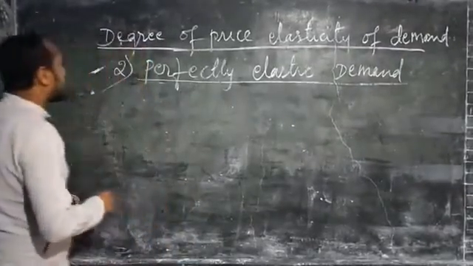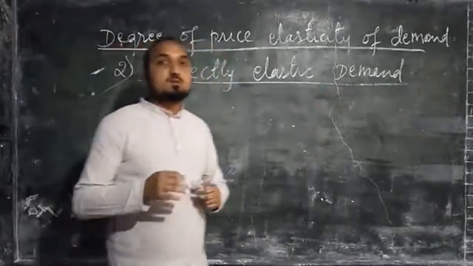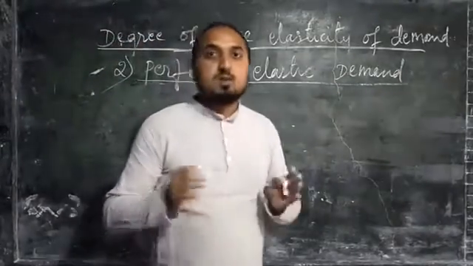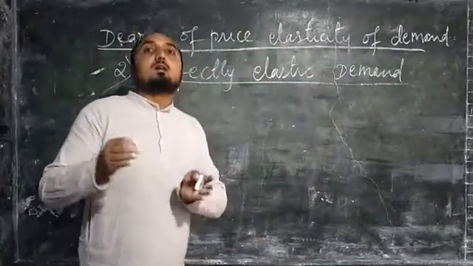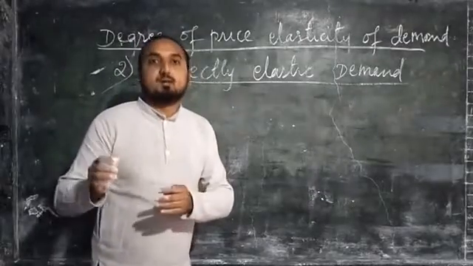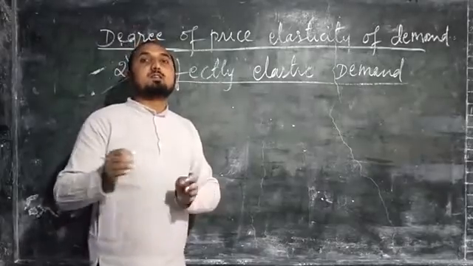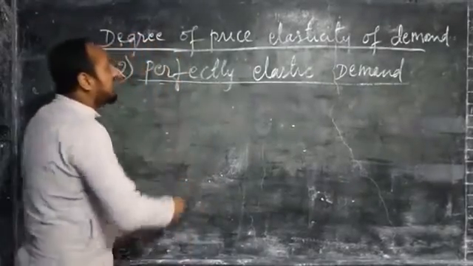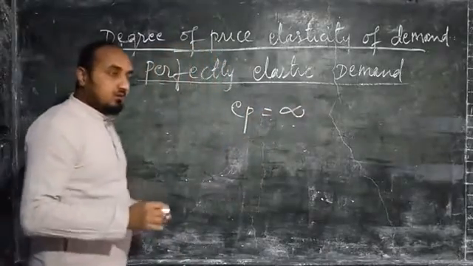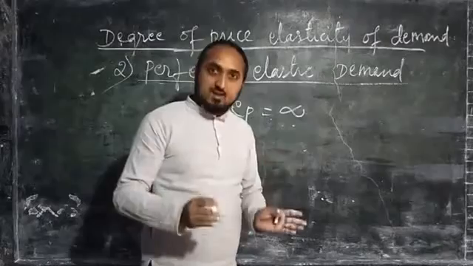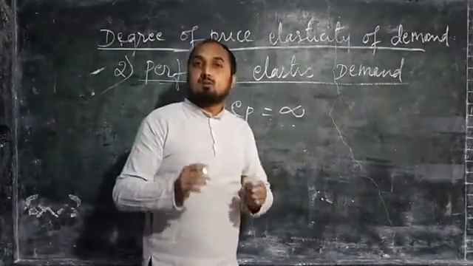Okay, next we have perfectly elastic demand. So you have to understand the meaning. What is perfectly elastic demand? When consumers are prepared to purchase all that they can get at the same price. So here the price of the commodity will remain the same, but the quantity demanded may change by any amount, and the value of price elasticity of demand will be infinite. Means here the quantity demanded will change by an infinite amount, but the price of the commodity will remain more or less the same.